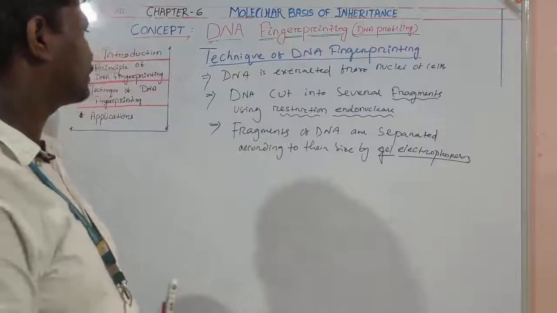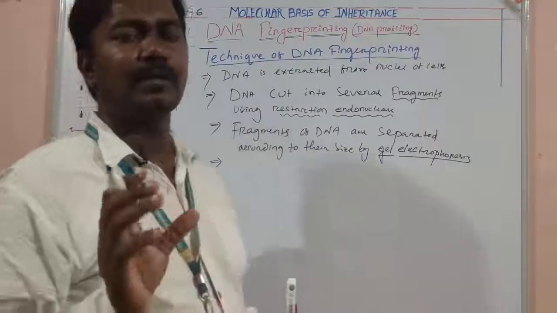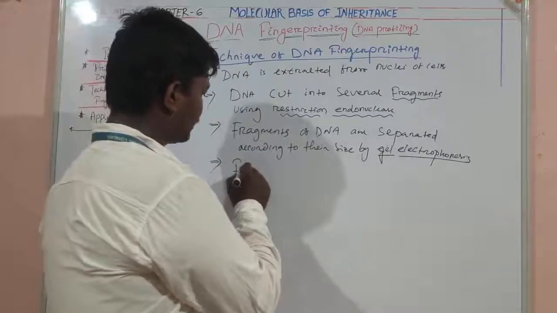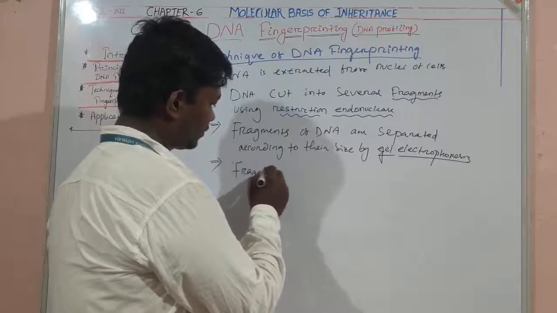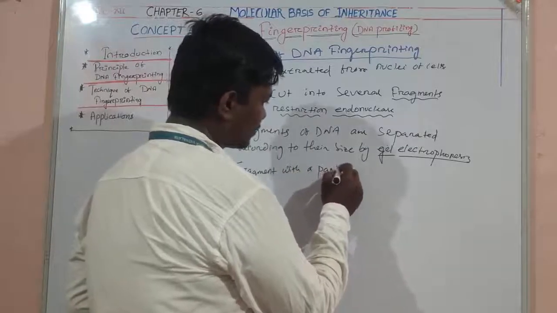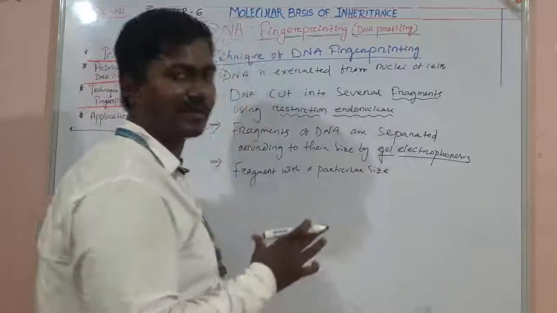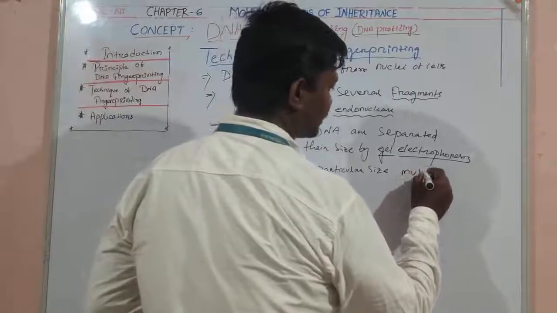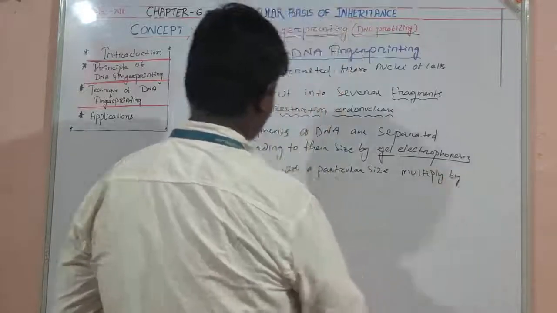Got it? Then fragments of a particular size are multiplied by PCR.